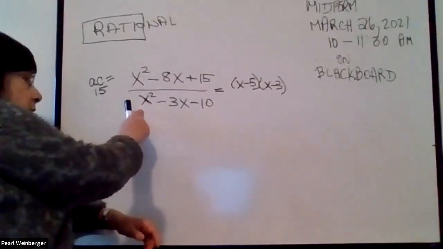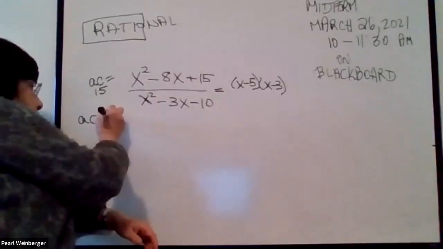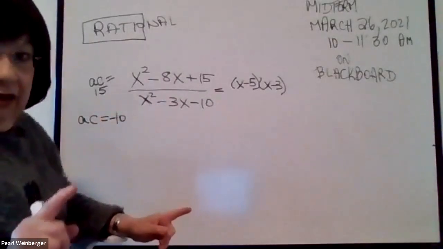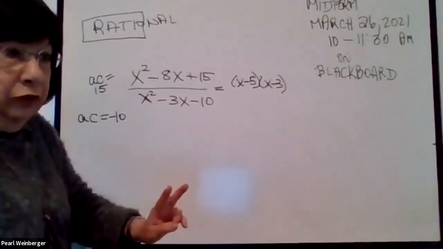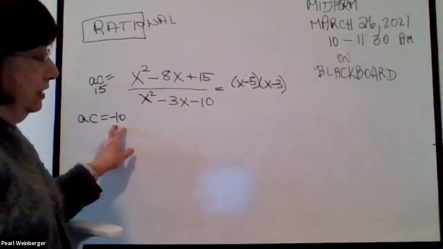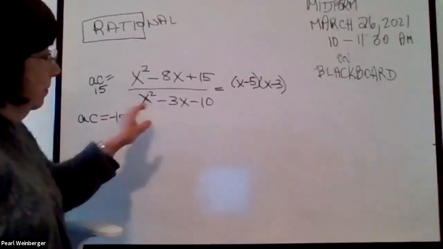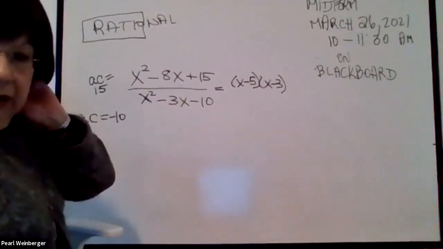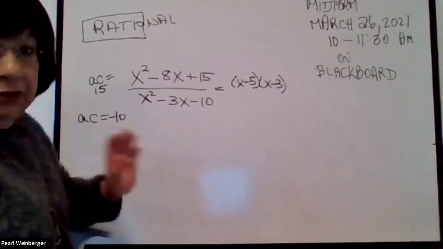In the second one, my AC is 1 times -10, which is -10. Since it's negative, we know that we're looking for two numbers that when we multiply them, they're going to give me 10, but when I subtract them, because this is a minus, we're going to get 3. So what are those numbers?